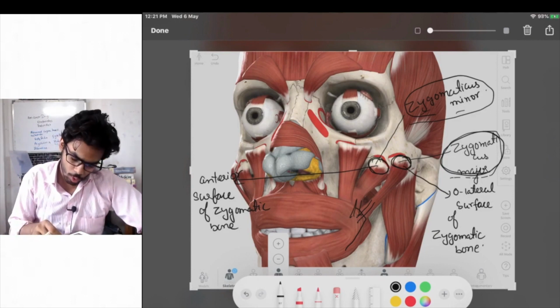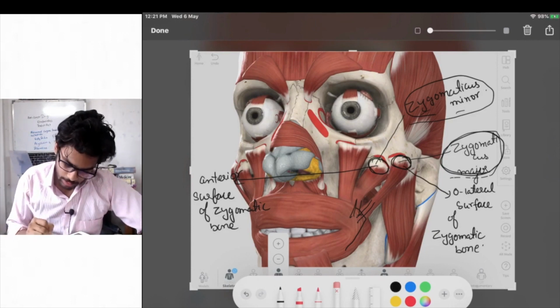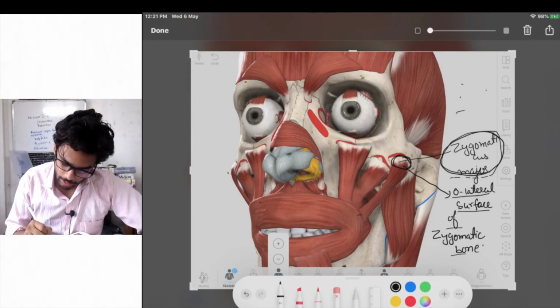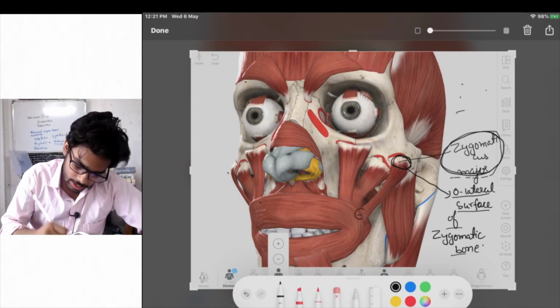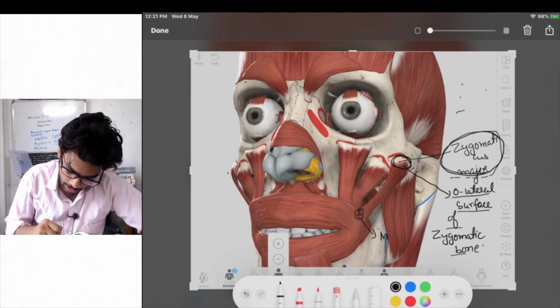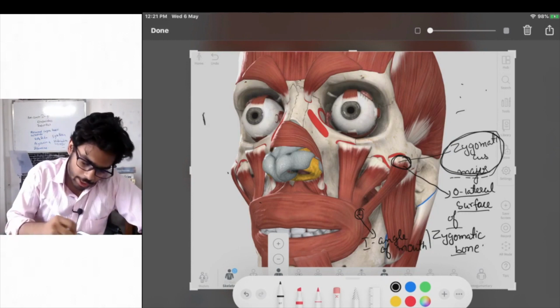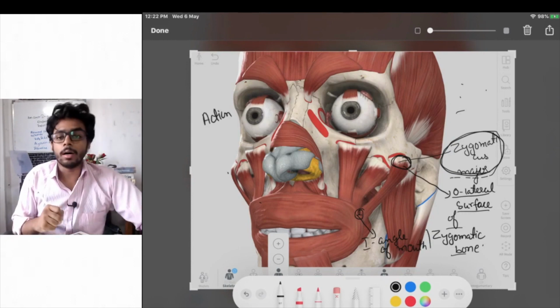Let me show you zygomaticus major muscle. You have seen the origin. This is the origin, the lateral surface of the zygomatic bone. Where is its insertion? Angle of the mouth. This is the insertion point. Am I clear? And what is the action? Action is it helps in elevation of the mouth.